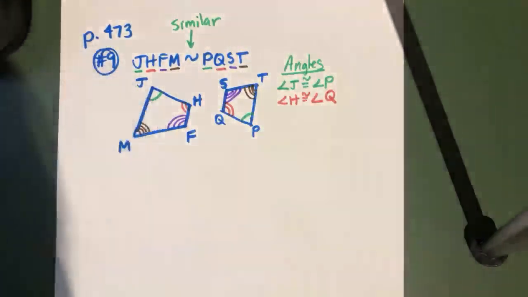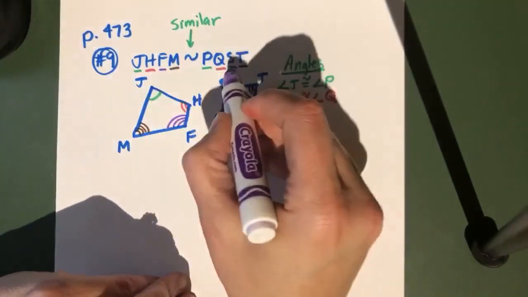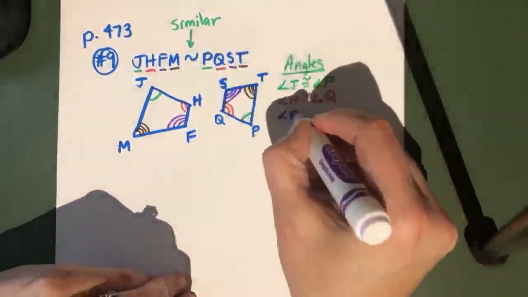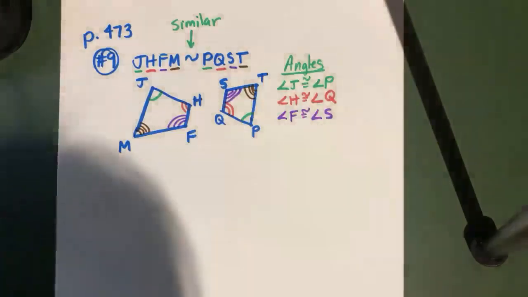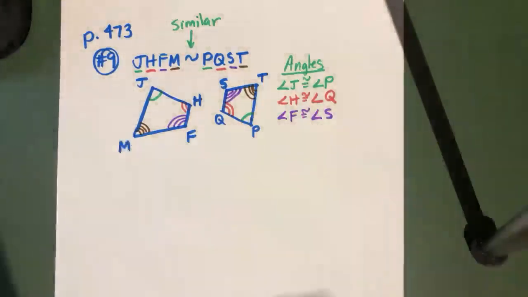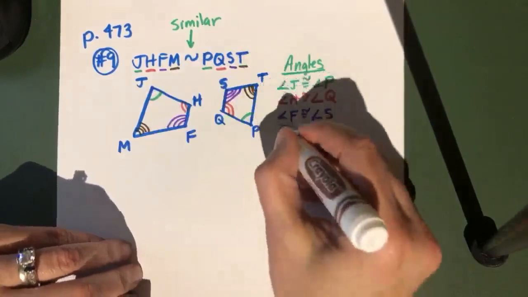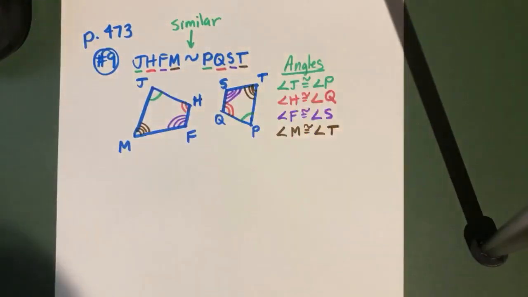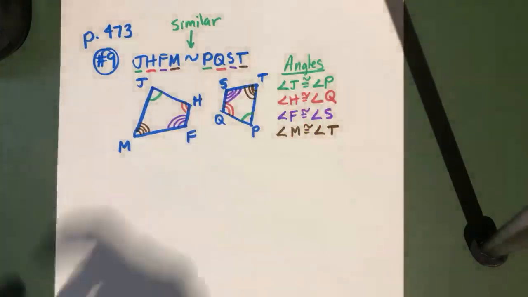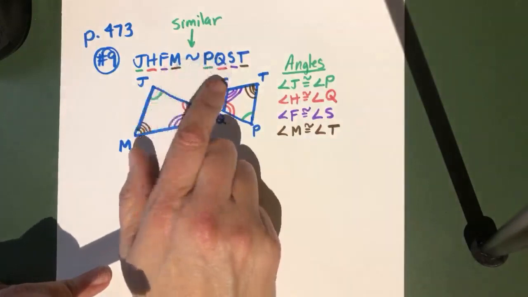Your third angle pair is F congruent to S. Angle F is congruent to angle S. And your fourth angle pair is that M is congruent to T. Angle M is congruent to angle T. So those are all the angles, and those are easily matched up. And again, because of the name, we knew which angles were together.